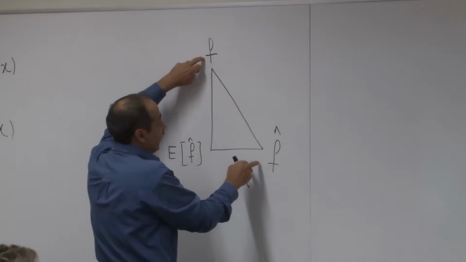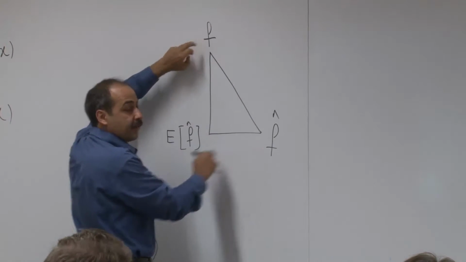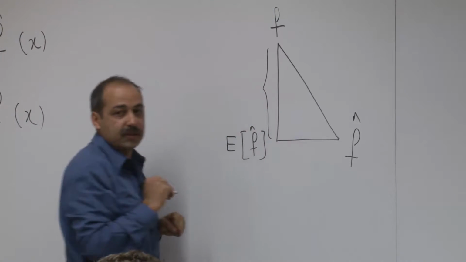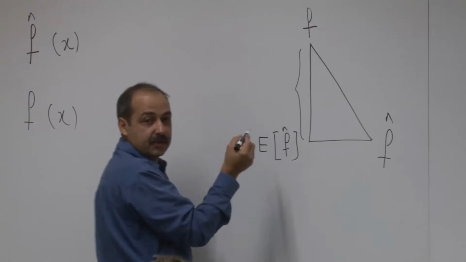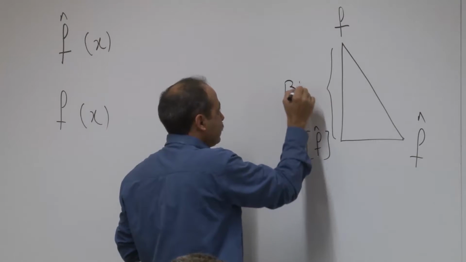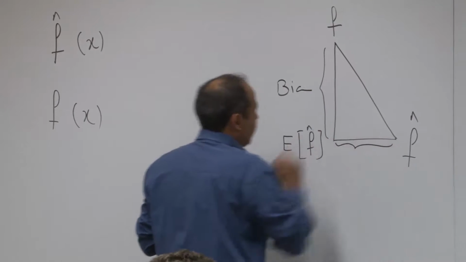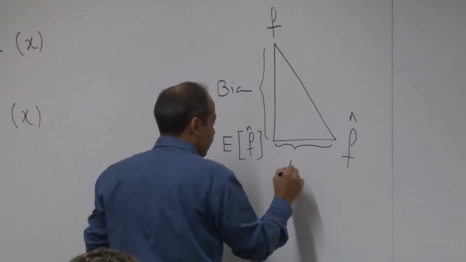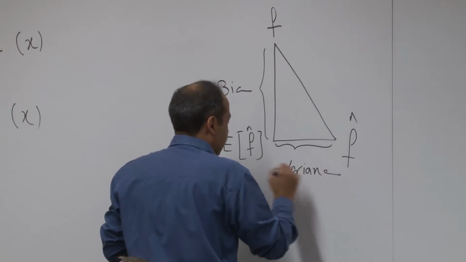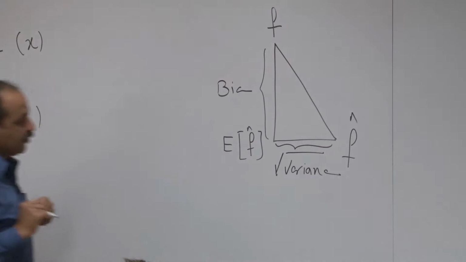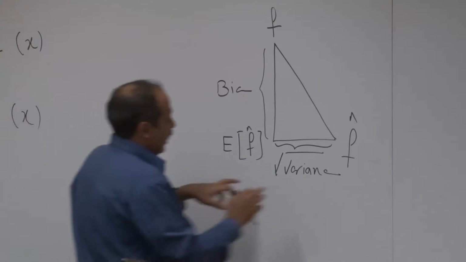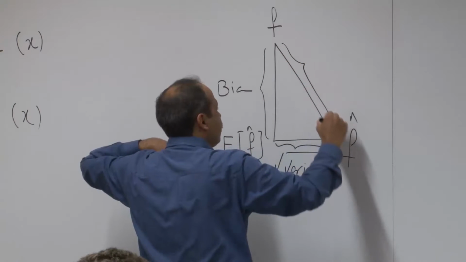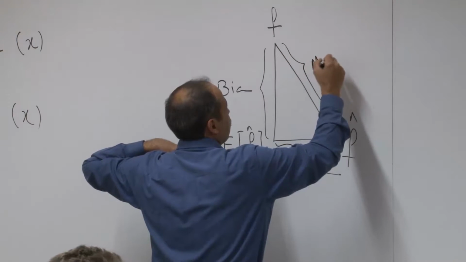Between f and the expectation of f hat there is usually a distance, which is our bias. Between the expectation of f hat and f hat there is a distance, which is our variance, or more precisely, the square root of variance. And the variance plus the square of bias is the distance between f and f hat, which is the mean square error.